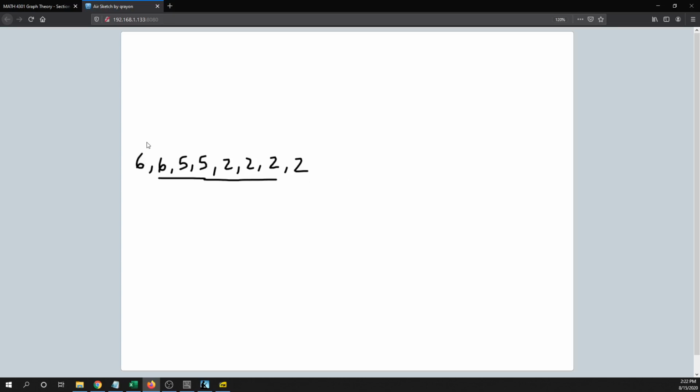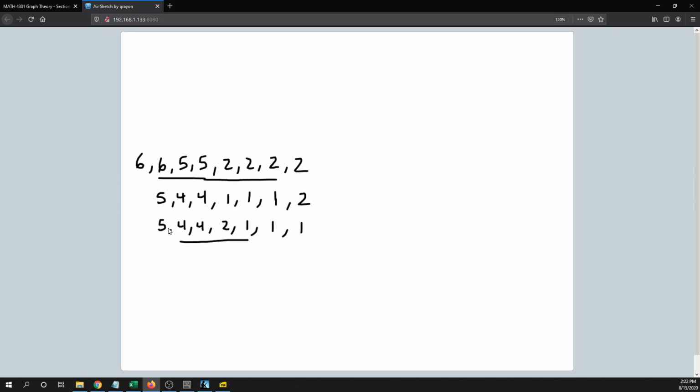So we would pop this first one off, right, and subtract 1 from all these. 4, 1, 1, 1, and then a 2. That one we're going to have to reorder, right, because it is not in non-increasing order.